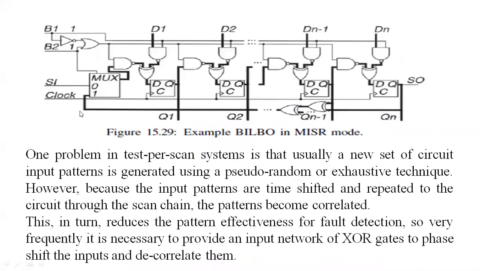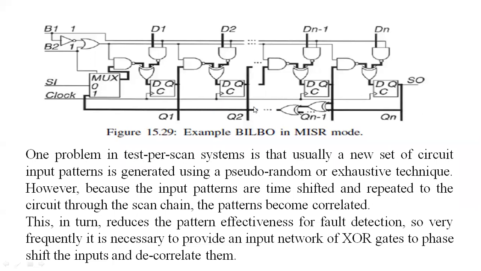Now, one more thing: we have one more mode, which is the MISR mode. In the MISR mode, the logic inputs B1 and B2 are 1 and 1. When both are 1 and 1, it performs a muxed operation. The muxed signal will be active so that it performs a shift operation, that is, LFSR operation with scan register mode also.